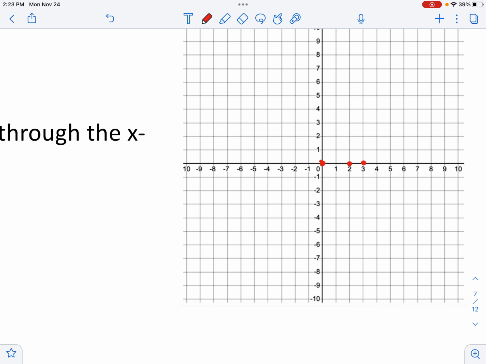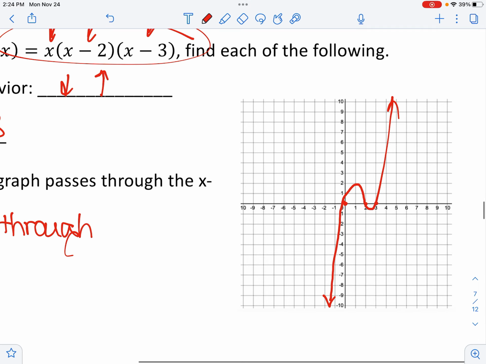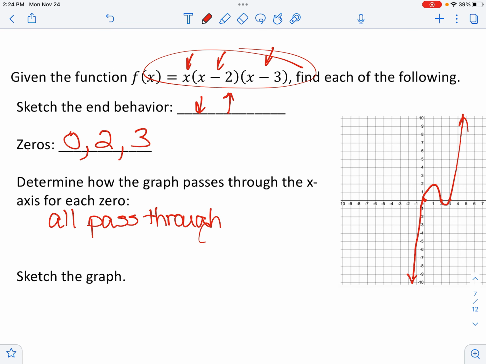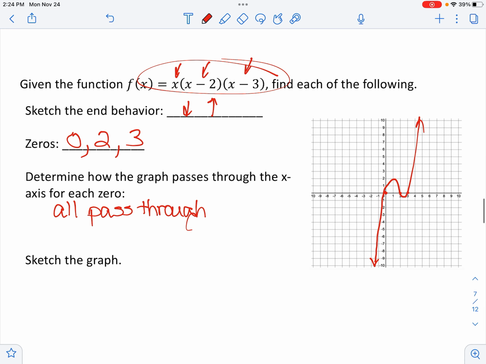Pretty good. You probably have a little bit easier time with your pencil than my graph here, but okay, that's how that works, and that's really what you want to do.